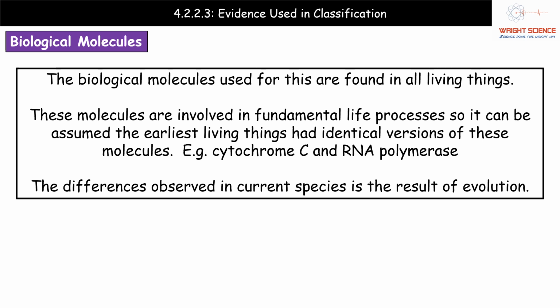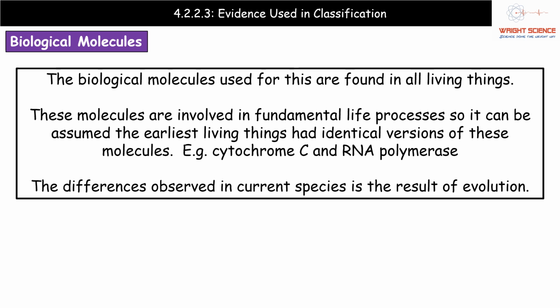Now, when we're doing this, what we need to do first of all is pick a biological molecule that's found in all living things. If we want to compare a diverse range of species, it wouldn't be very smart to pick a molecule that's only in a couple of them. So we pick biological molecules that are found in all living things.